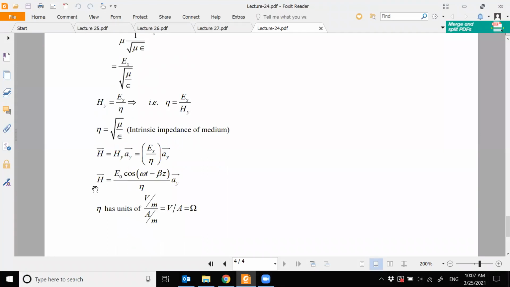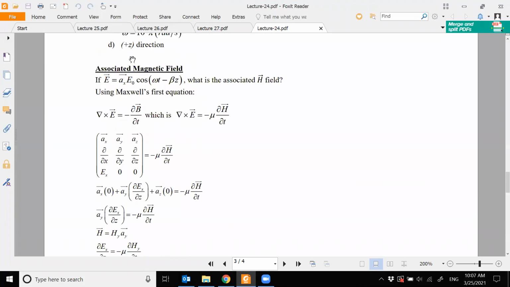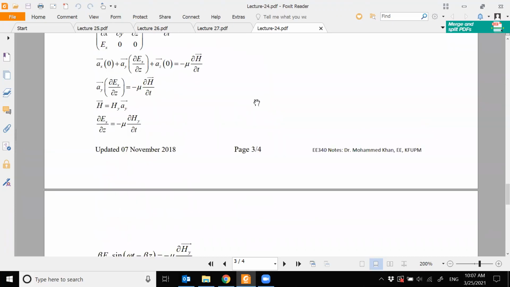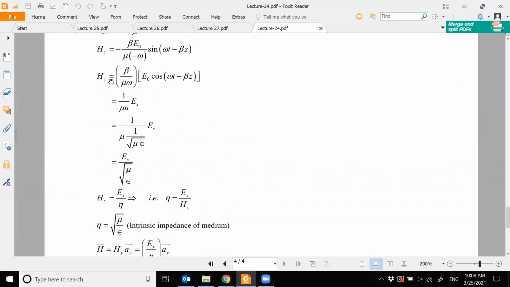So we found that if my electric field is in the x direction, which is ax E0 cosine omega t minus beta z, then the associated magnetic field is in the y direction. It is Hy equals beta over mu omega times E0 cosine omega t minus beta z.